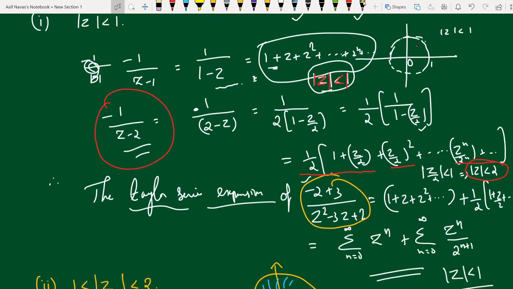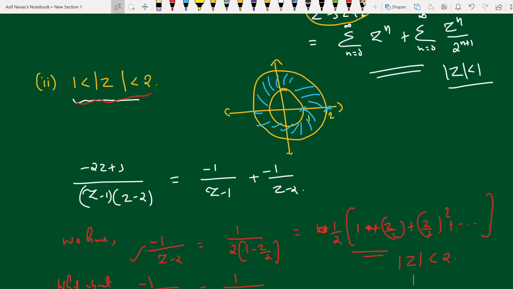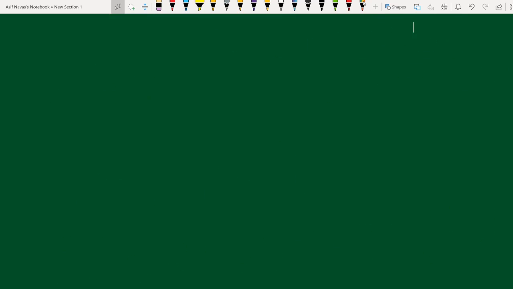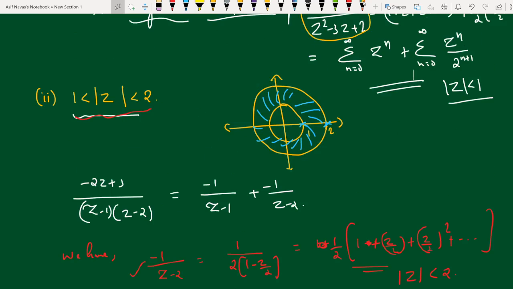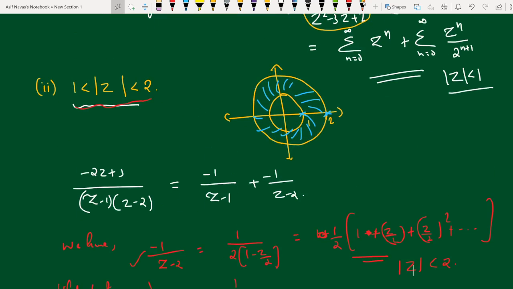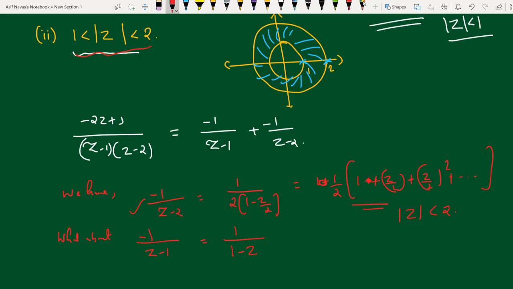But here our mod z is greater than 1, right? So here mod z is greater than 1 and less than 2. So already we have mod z greater than 1, which implies 1 by mod z is less than 1. So instead of z, if we have 1 by z, then we can use the expansion.